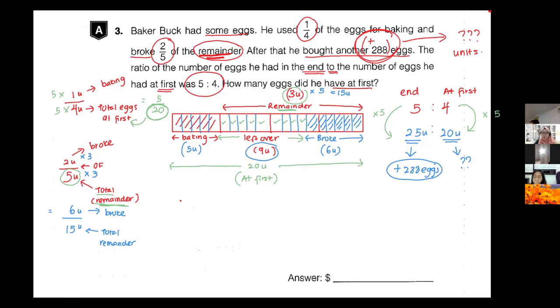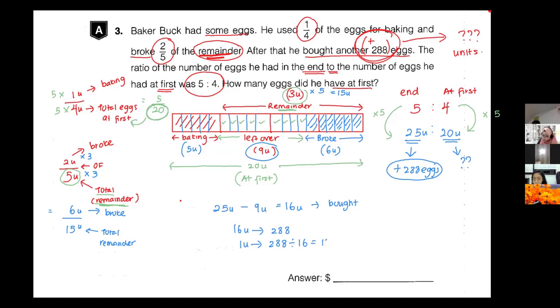Get it? So to find 288x, you need to take the final units in the end, and take away what he had left over just now, the 9 units, which equals 16 units. This is what he bought, the 288x. 16 units is 288. 1 unit is 288 divided by 16.